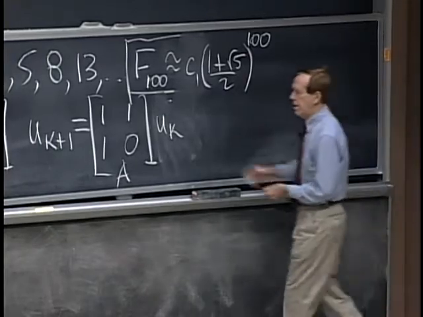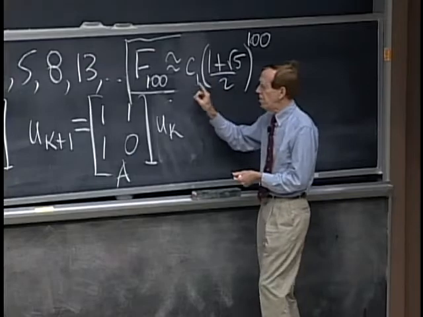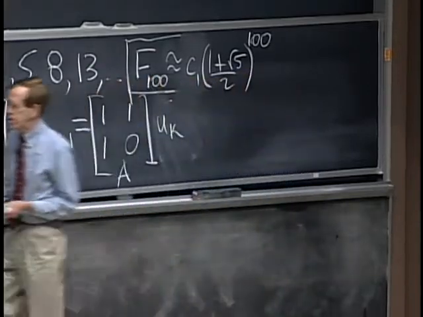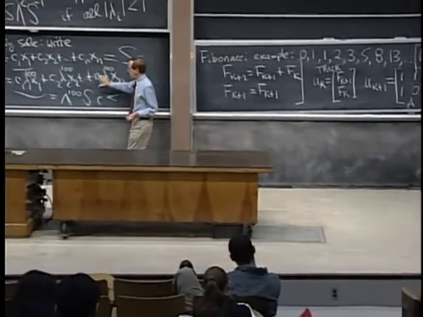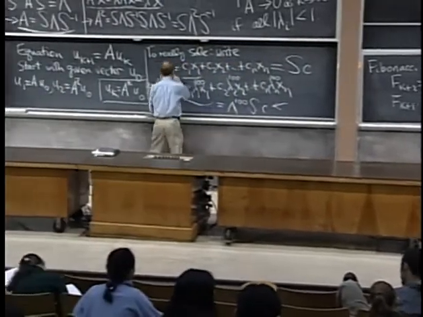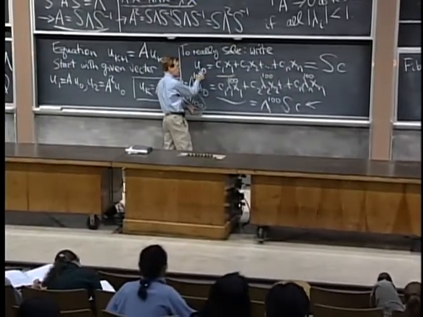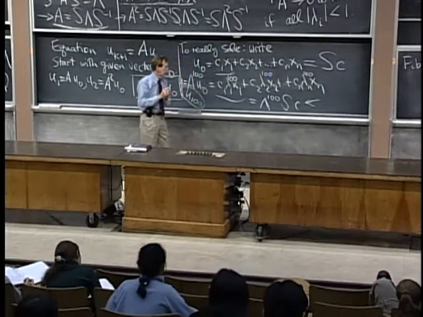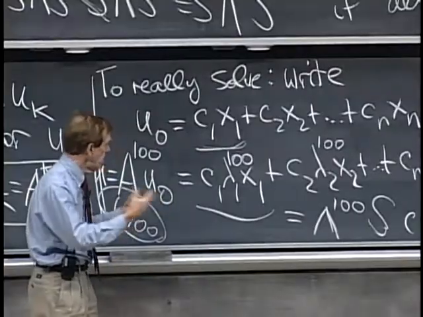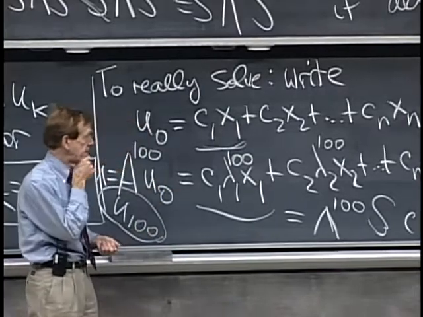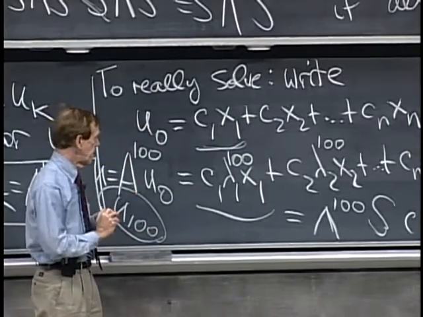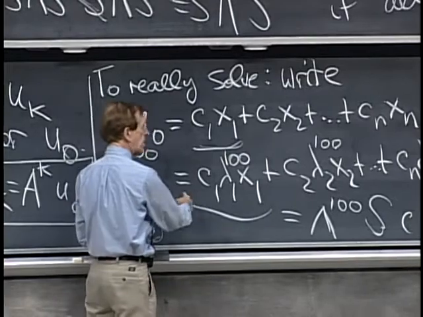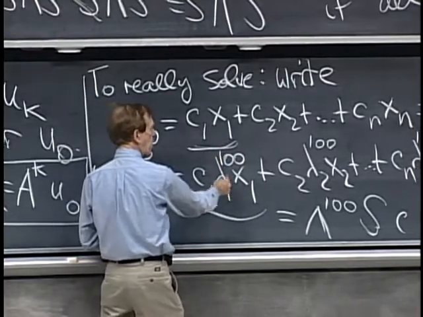Okay, and again, why is that true? Let me go over to this board and show what I'm doing here. The original initial value is some combination of eigenvectors, and then when we start multiplying by A 100 times, it's this lambda 1 to the 100th.